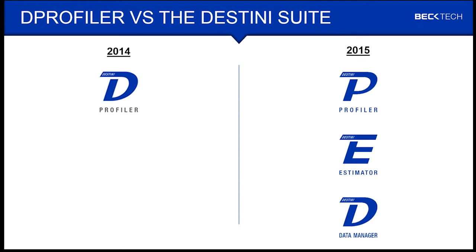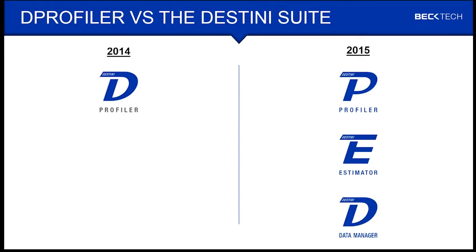So there's some significant changes this year with what Beck Technology is offering to the market. In 2014, we had a single commercially available product called Profiler. In 2015, we have launched 3 products. We've also introduced a little bit of rebranding.